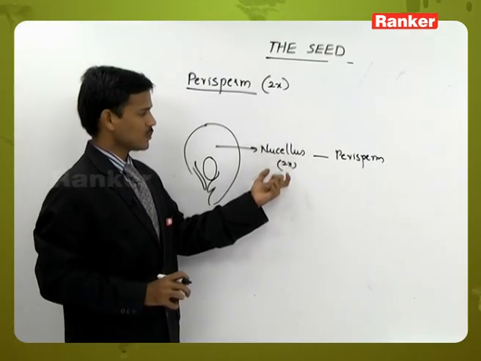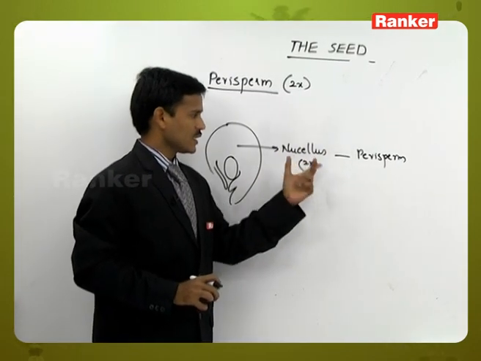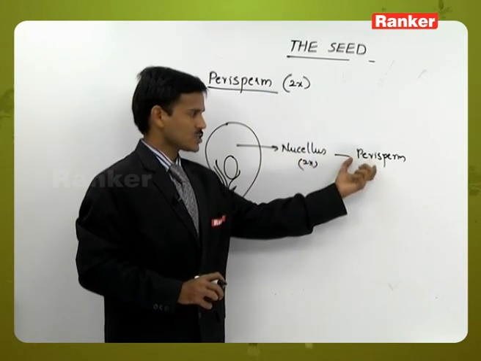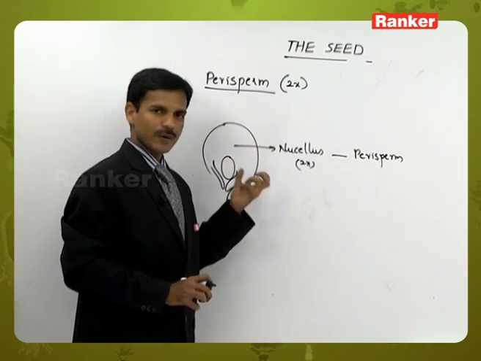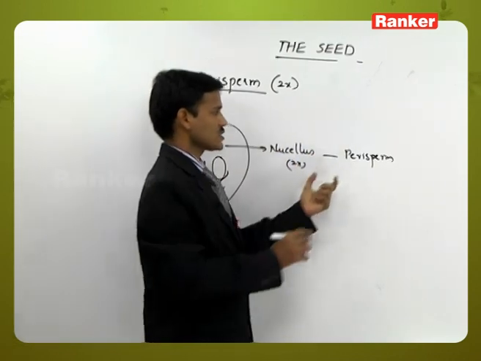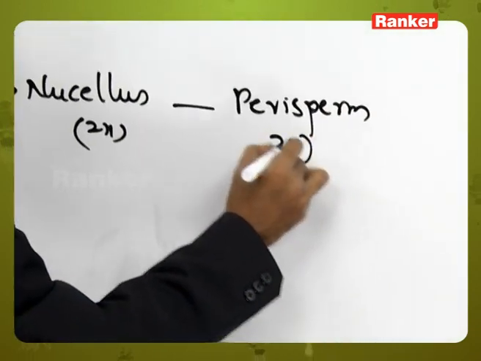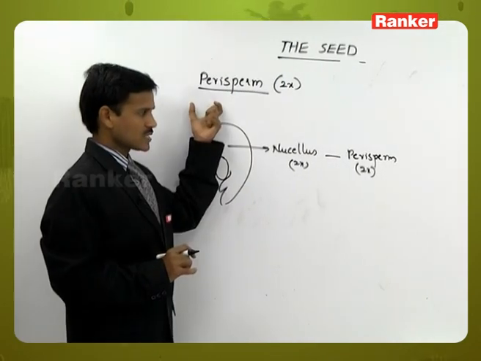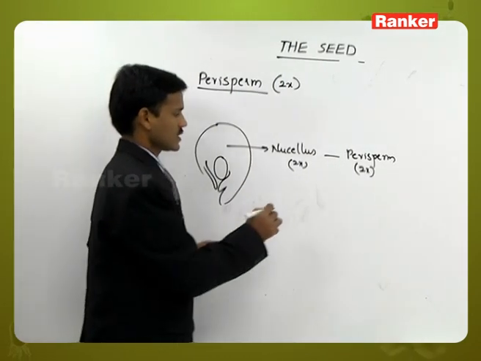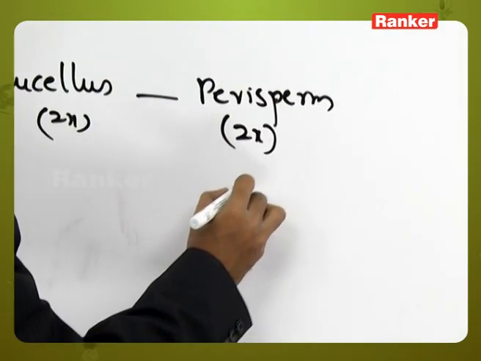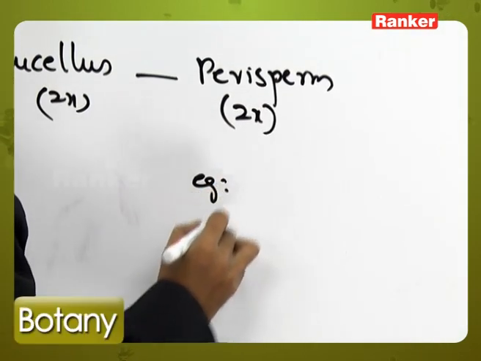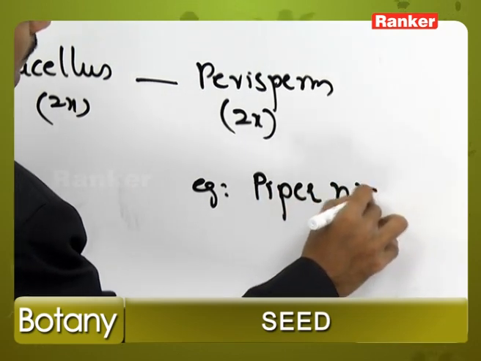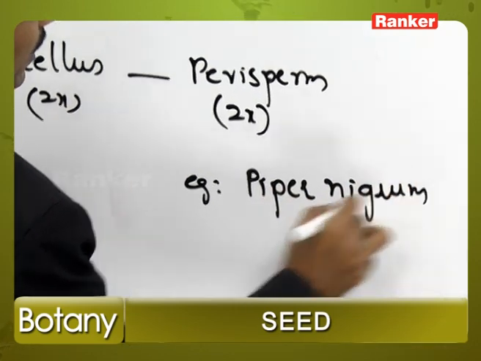The ploidy of nucellus tissue is diploid. That's why perisperm is nothing but nucellus tissue, the remaining nucellus tissue after the development of the embryo. It is also diploid. So these are perispermic seeds, seeds containing perisperm. Examples of perispermic seeds: Piper nigrum, or black pepper.